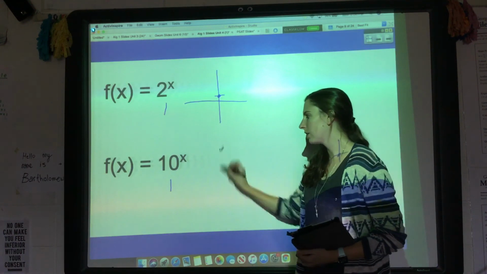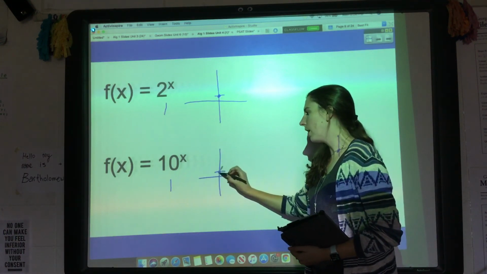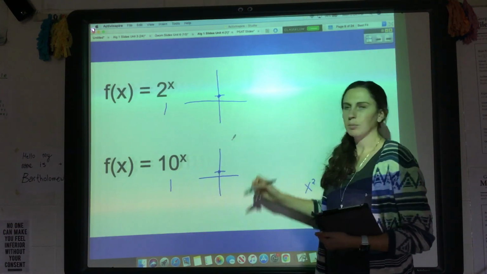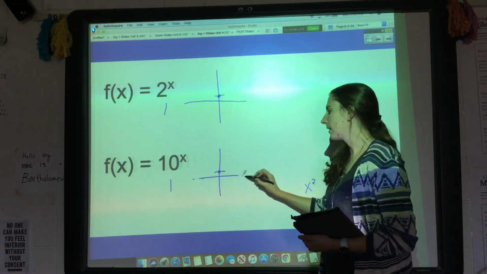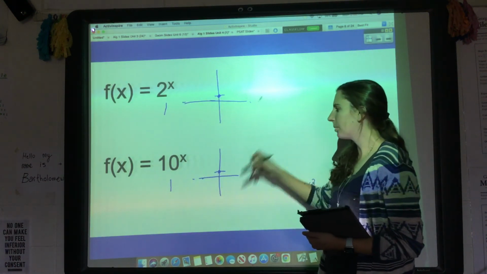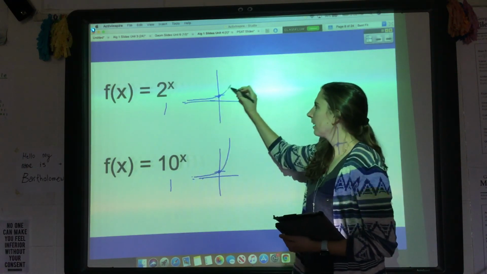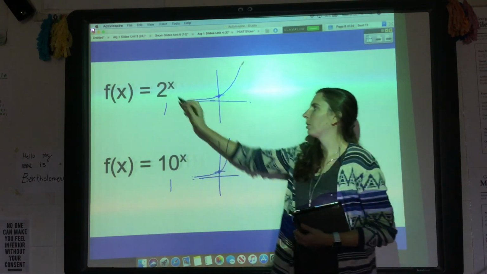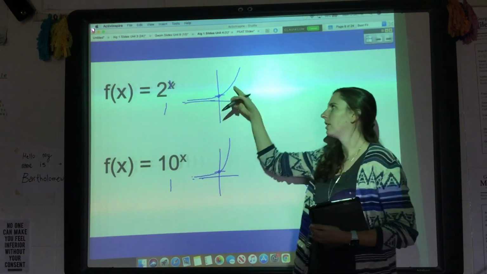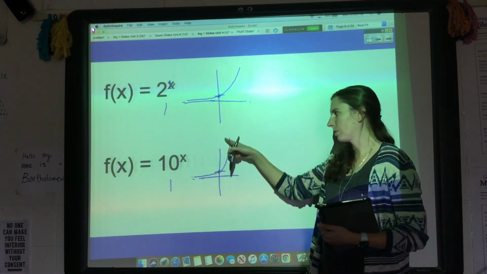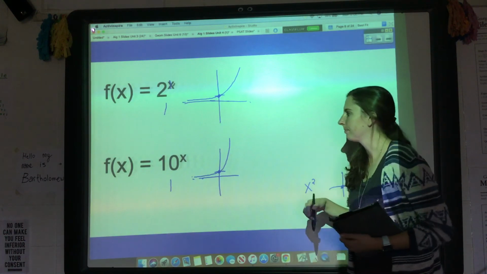So these always start at the point 0, 1, and then increase from there with an asymptote at the x-axis. Keep in mind 10 to the x is going to be steeper than 2 to the x, because if I plug in a 1, this one's only doubling each time, whereas this one's multiplying by 10 each time. And that's it.